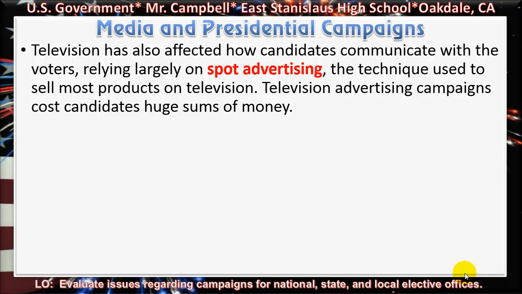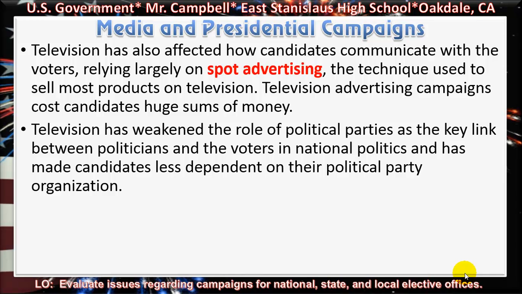And in fact, most of these campaigns that we see oftentimes are not specifically for the candidate, but oftentimes they run attack ads against the other candidate. Negative campaign ads have proven very effective. But once again, there's a huge expense in purchasing television ads.